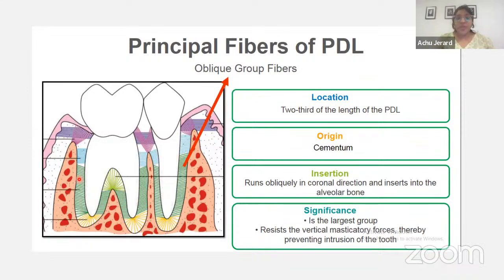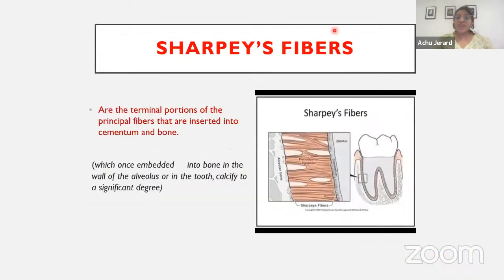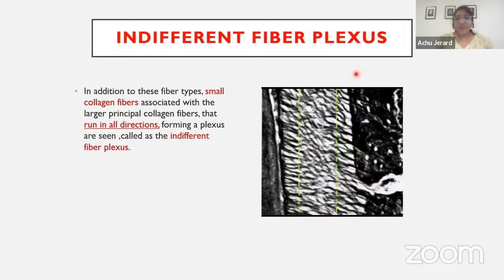And Sharpey's fibers are the same principal fibers, but that portion of the principal fibers which is embedded in the cementum as well as the alveolar bone. That is what is called Sharpey's fibers. And then you have the interfibrillar fiber plexus, which are also collagen fibers, but not mature enough, and small collagen fibers running in all directions to further reinforce this primary complex.